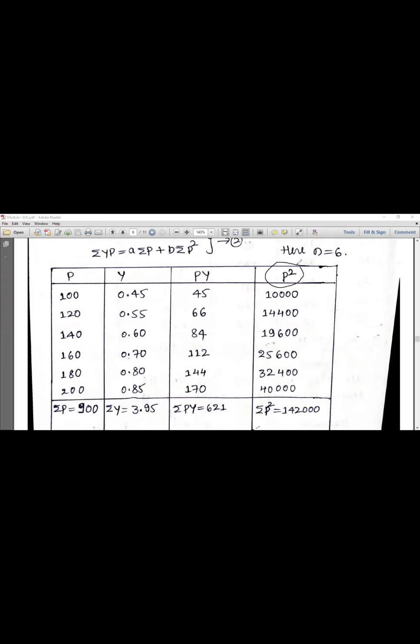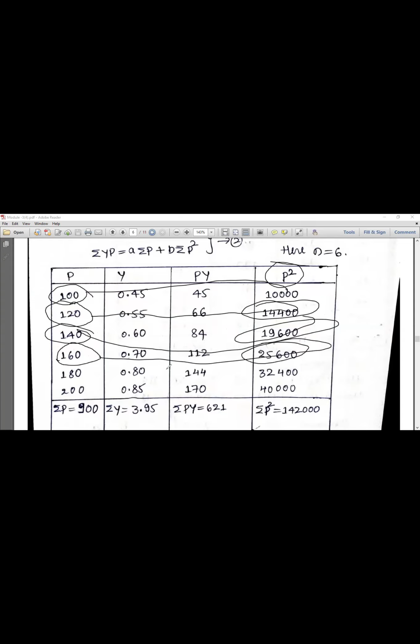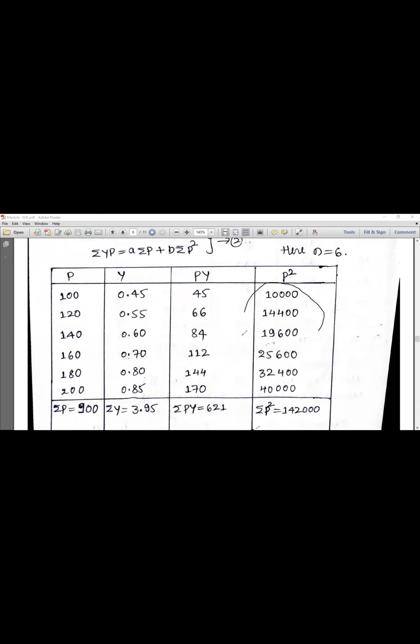Next, p square is required. So 100 square, I'll write it here. 120 square, I'll write it here. Next, 140 square, use your calculator. 160 square, 180 square, and 200 square will be this much.